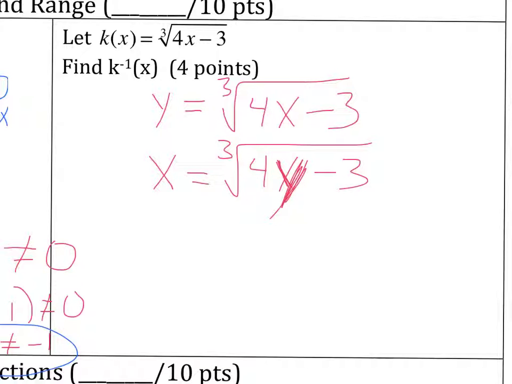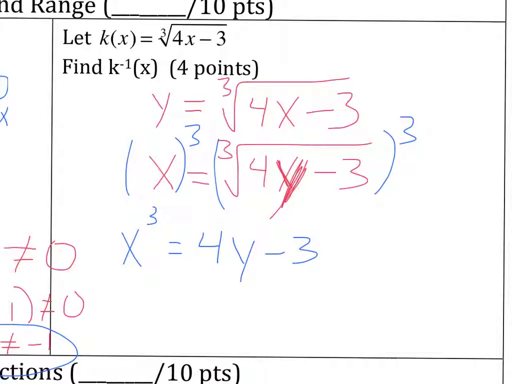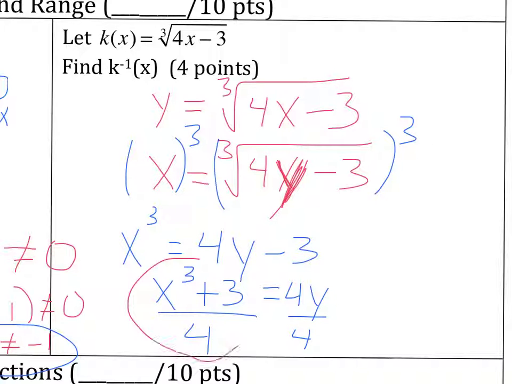To get rid of a cube root, we raise both sides to the third power. I get x cubed equals 4y minus 3. Add 3 to both sides: x cubed plus 3 equals 4y. Divide both sides by 4. My answer is x cubed plus 3 over 4 is the inverse of x.